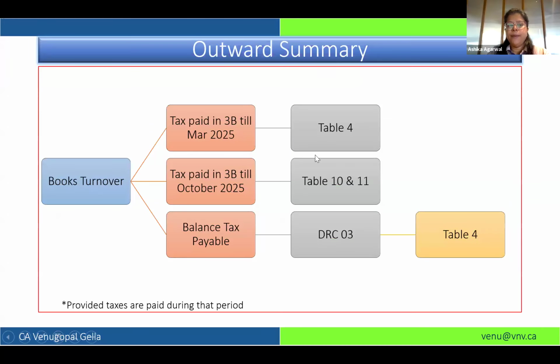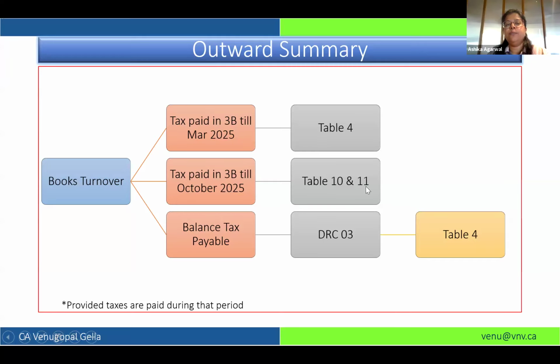So this is basically a payment-based reporting to explain what forms part of table 4 and table 5 of GSTR 9 for outward, and what will form part of part 5 of GSTR 9. So any payment which has been done in 24-25 will come in table 4, whereas anything of 24-25 where you have taken impact in 25-26 will be reported in table 10 and 11. If it is an increment, then table 10. If it is a decrease, then table 11.